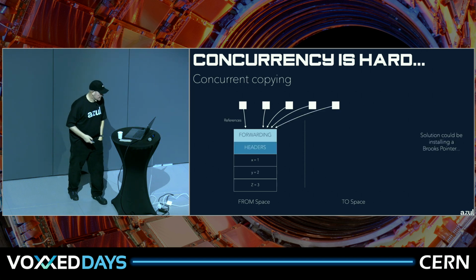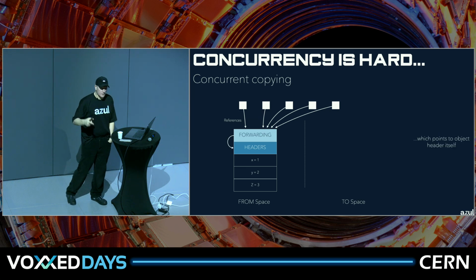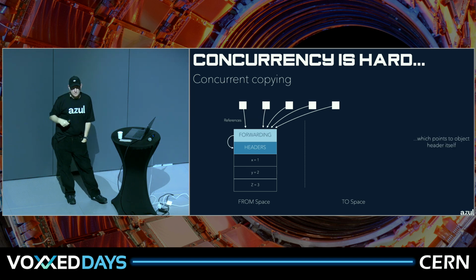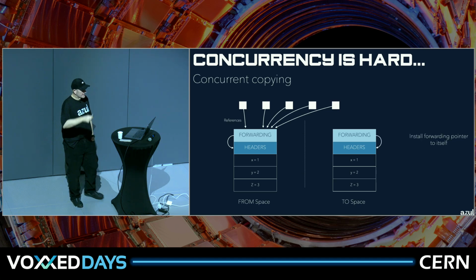There are different ways. One way is a so-called Brooks pointer. With the Brooks pointer, we install a forwarding header in front of each of these objects, and this forwarding pointer points to the object header itself. This doesn't make sense at all at the moment, right? You will see when it makes sense, because now we copy this object to the new location, and we let the forwarding pointer point to the new object header.